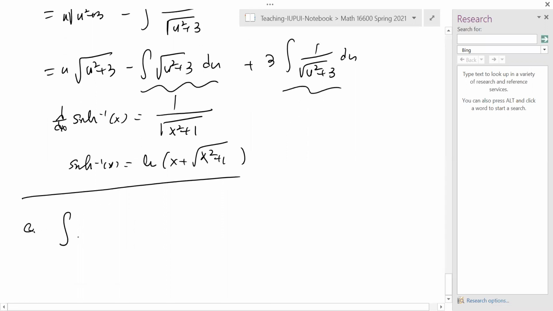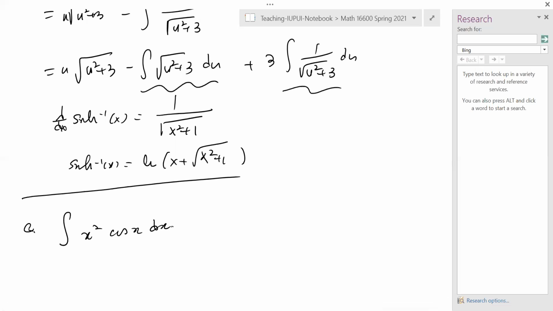So here's another one: the integral of x squared cosine x dx. All right, so x squared here, without using the table of integrals, how do you do it?